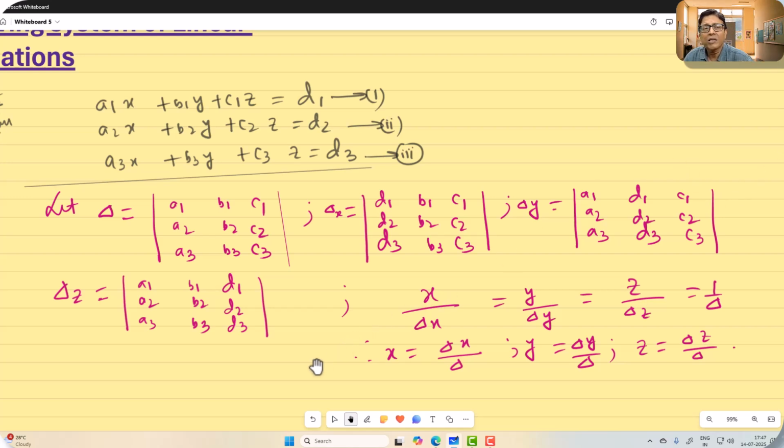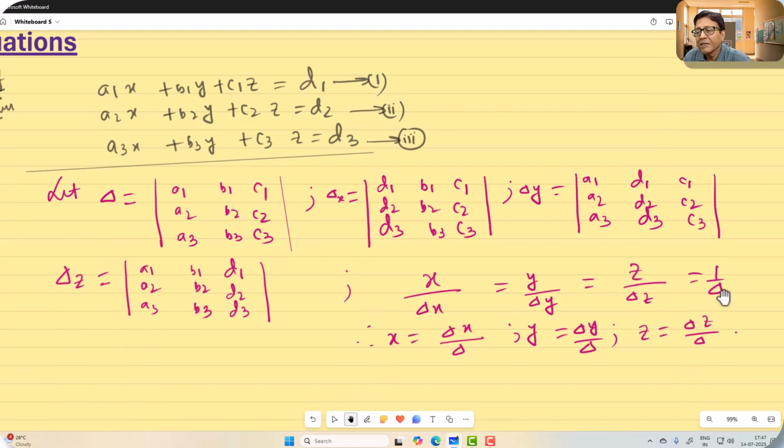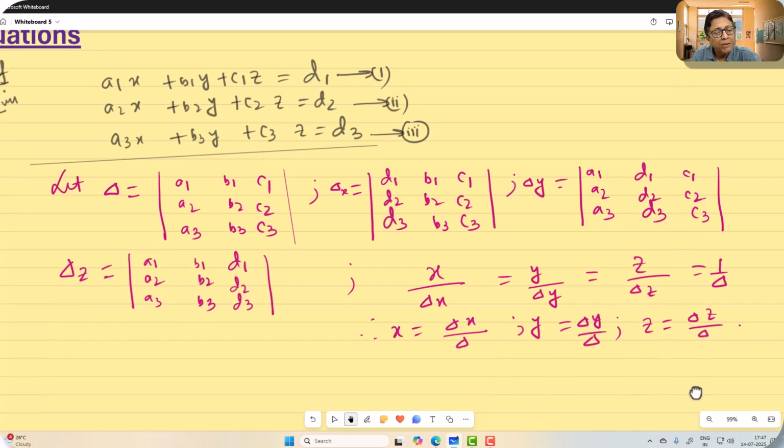Now for this system of linear equations, it is obvious that if delta is a non-zero quantity, then we can solve. So we will be considering 3 different cases here.